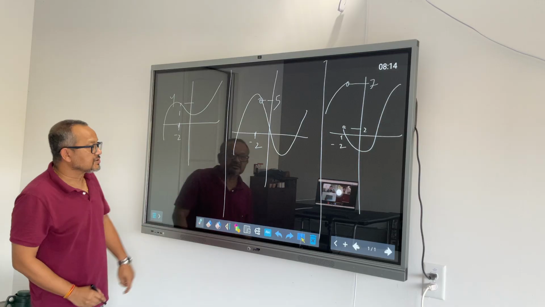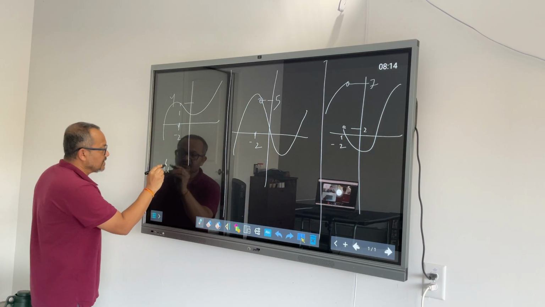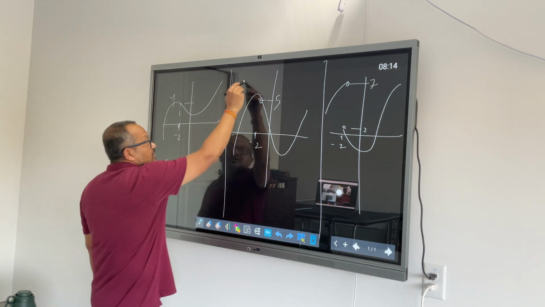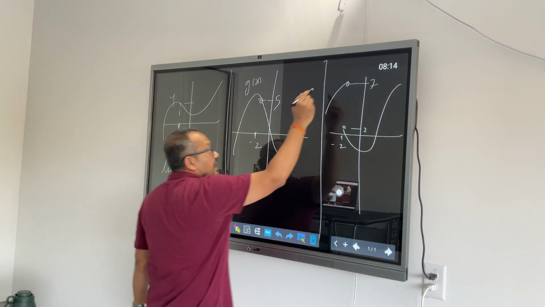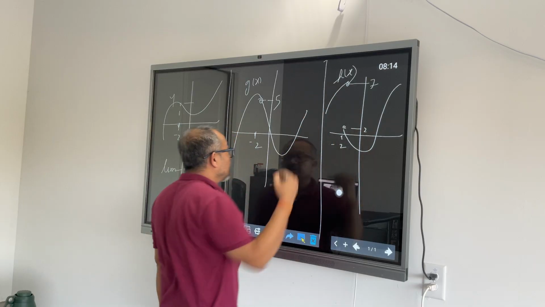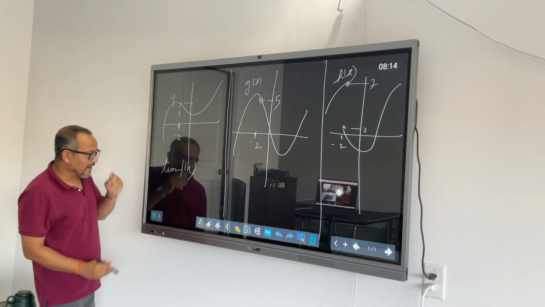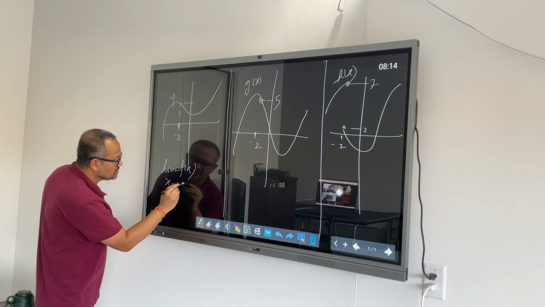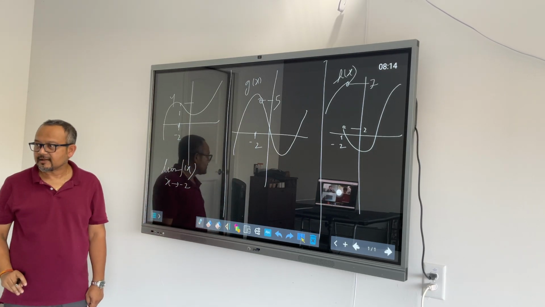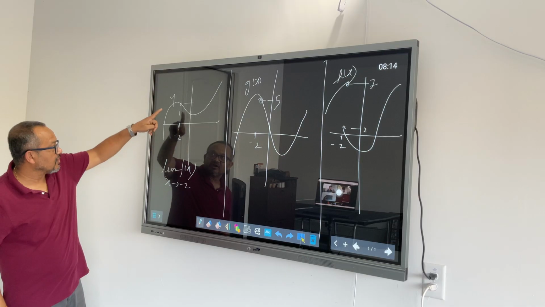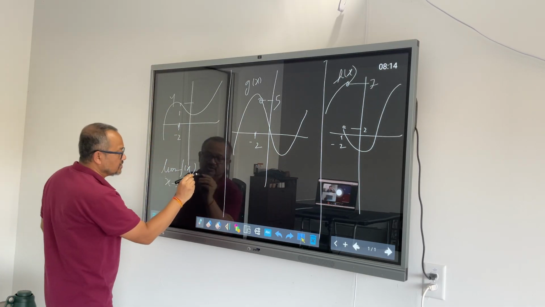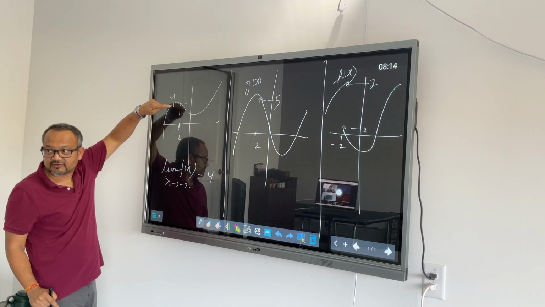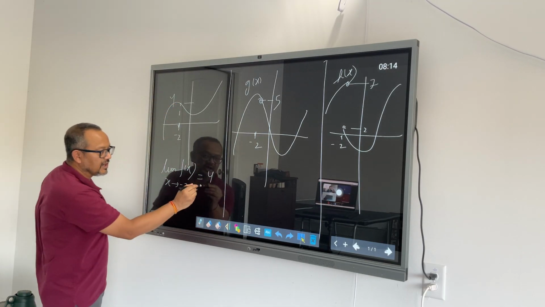This is f of x, this is g of x, and this is, let's say, h of x. If I am being asked to find the limit of f of x when x is approaching minus 2, what will be my value? I'll just say what is the value of the function at x equal to minus 2, and that is 4 here.